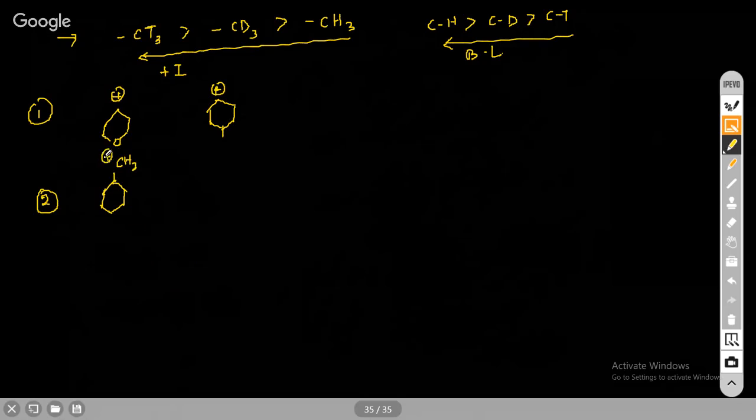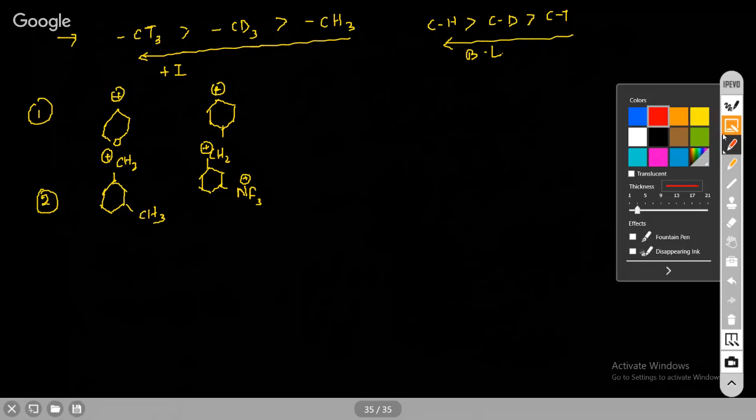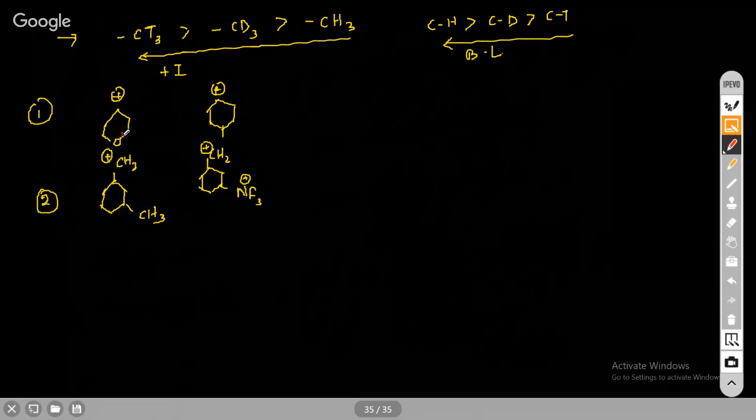CH2 positive, CH3. Here we have NF3 plus, CH2 positive. Two greater than one. Why two greater than one? Because this oxygen has electron withdrawing nature. So this will withdraw electron.